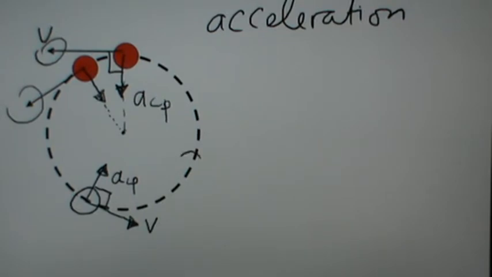For example, if the object is at this location, this is the centripetal acceleration and this is the linear velocity, and they are perpendicular because the centripetal acceleration is pointing to the center and the linear velocity v is perpendicular to the radius of the circle.